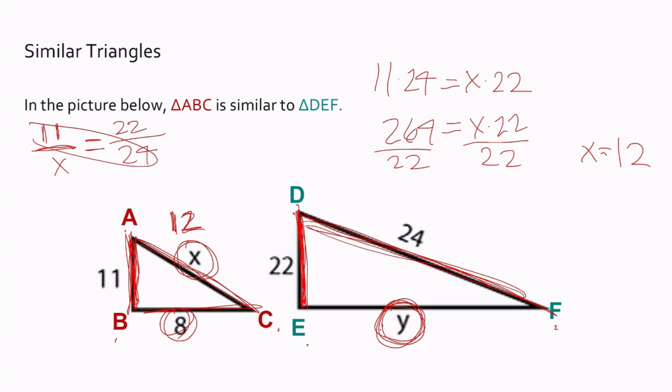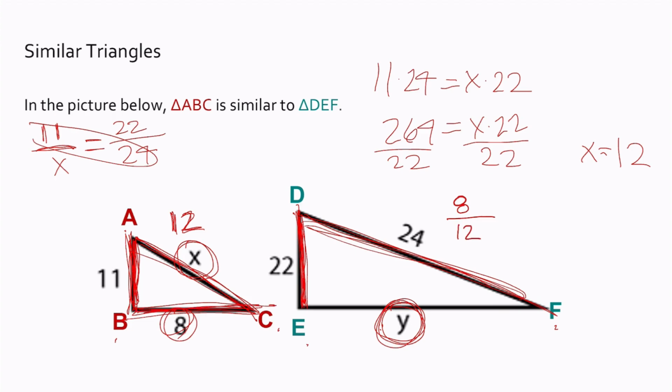So now I can choose whichever lines I want. I can do 12 over 8, or 11 over 8, or 8 over 11, or 8 over 12. It doesn't matter which lines I use as long as I use the same lines on the other triangle. So I'm going to go 8 over 12.